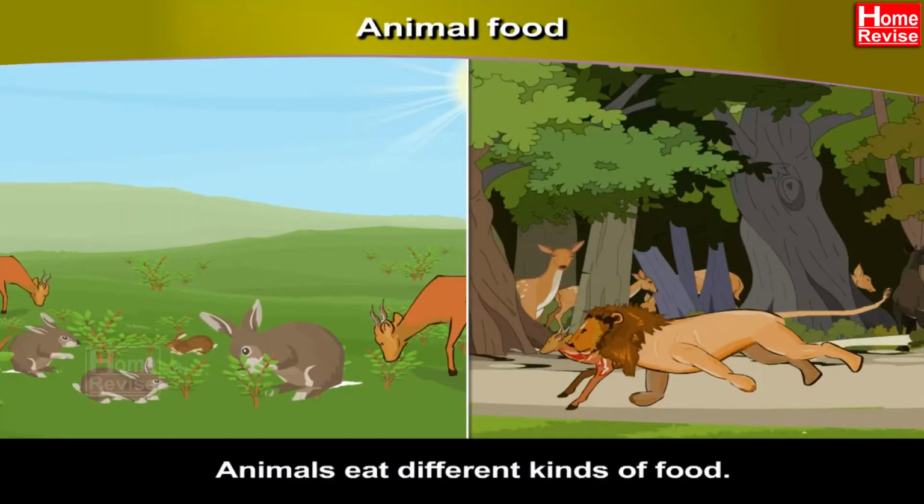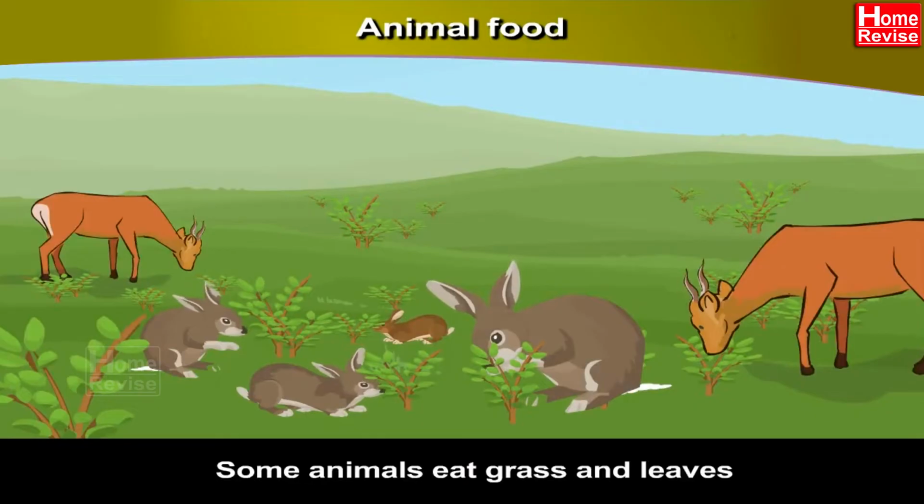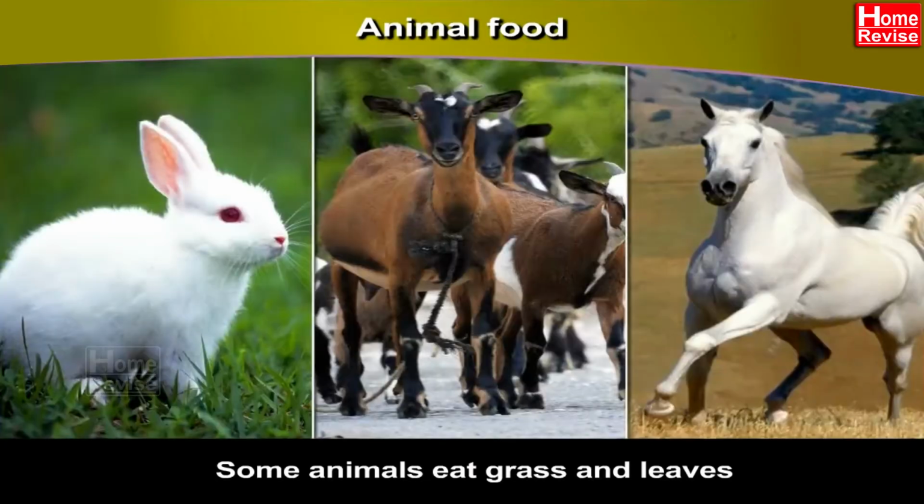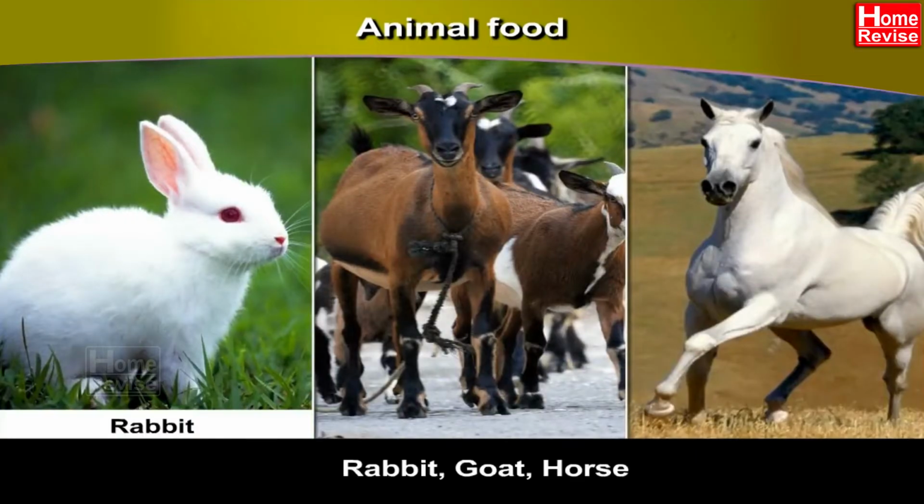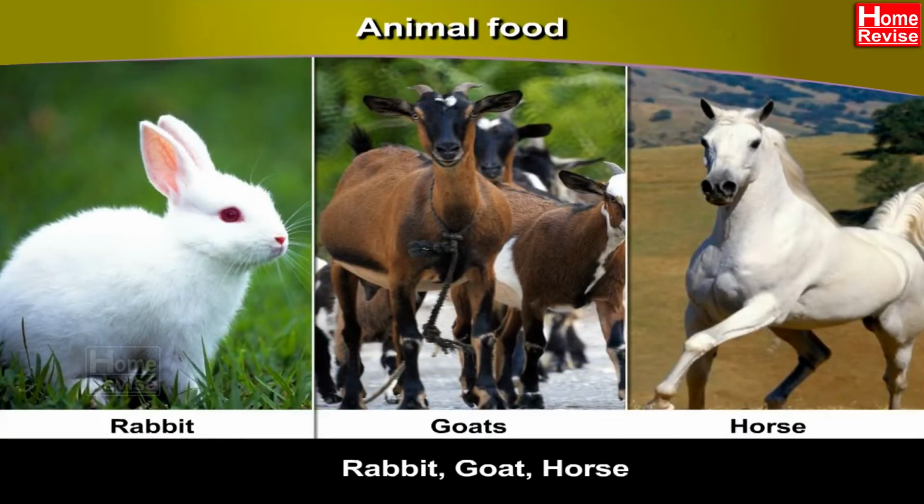Animal food. Just like you and me, animals eat different kinds of food. Some animals eat grass and leaves, like rabbit, goat, horse.